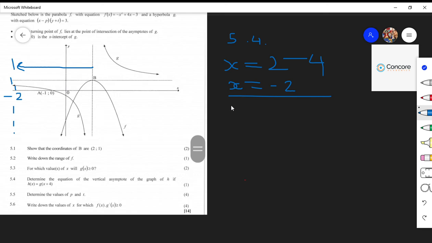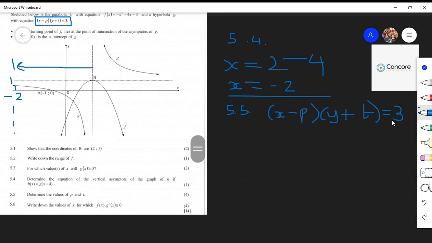Now for the next question, question 5.5, it says determine the values of p and of t, right? So if we're going to determine the values of p and of t, we're going to use our g equation, our hyperbolic equation that was given to us in the question, which is (x minus p)(y plus t) is equal to 3.